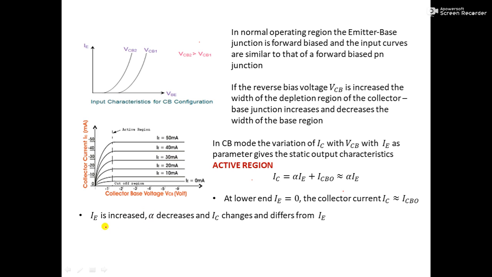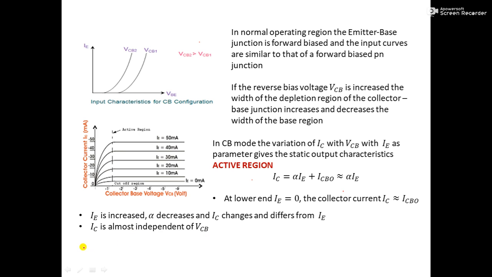If IE is increased, alpha decreases, because we know alpha is equal to IC by IE. So if we increase IE, the value of alpha decreases, and IC changes and differs from IE. Also IC is independent of VCB, as we can see from the graph.